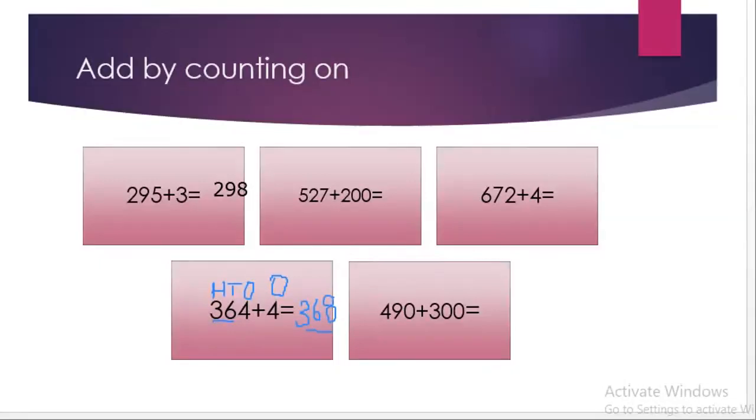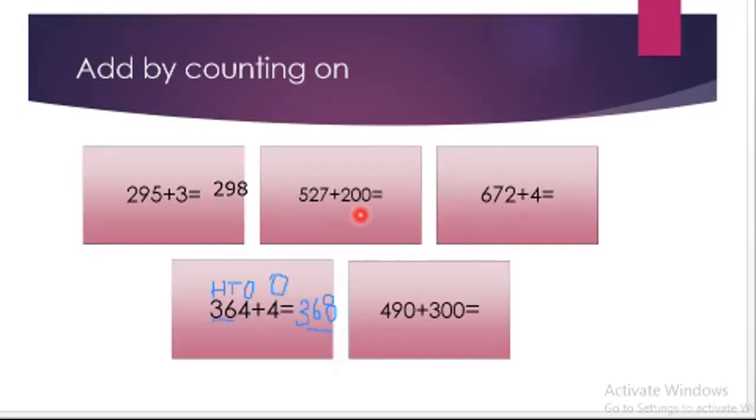So let's move to the next question, that is 527, and we need to add 200 to it. So my dear students, I'm going to explain both methods to you. The first method is that you just do the forward counting. How? Take out two fingers because it's 200, so you only need two fingers, and let's count it.